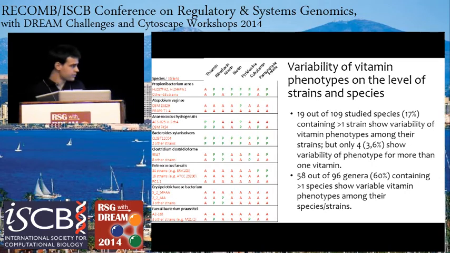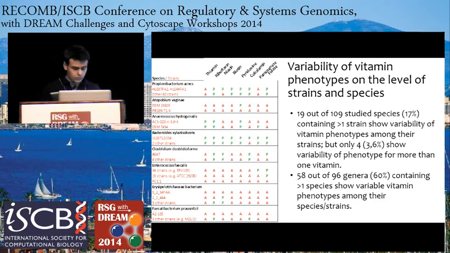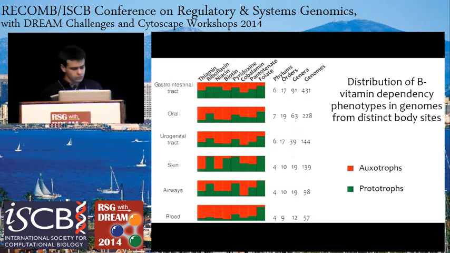So we can make an assumption that the species level divides the bacteria into groups conservative by phenotype. And higher taxonomic levels show variability within their groups. More than 60% of genera containing more than 1 species or strain show variable vitamin phenotypes among their organisms.